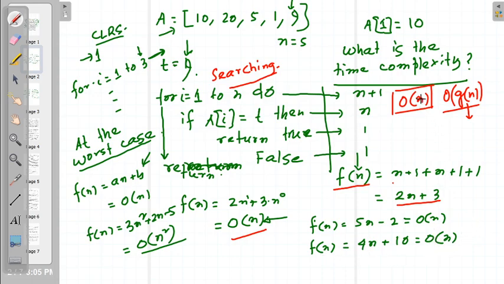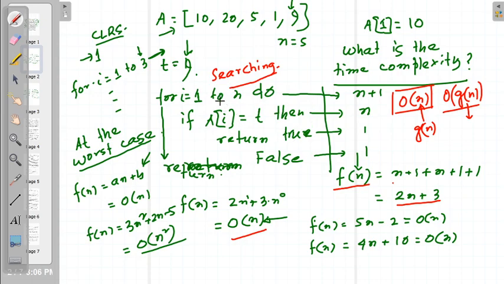So this n is, in general, Gn. This Gn could be n square, or n power k, whatever. So that we have seen.